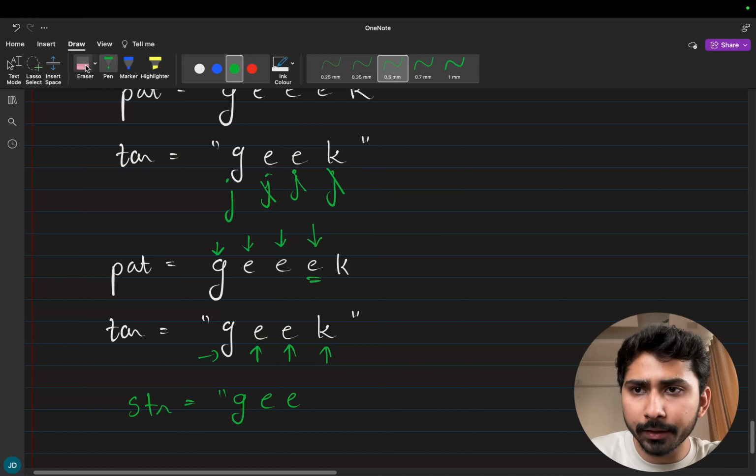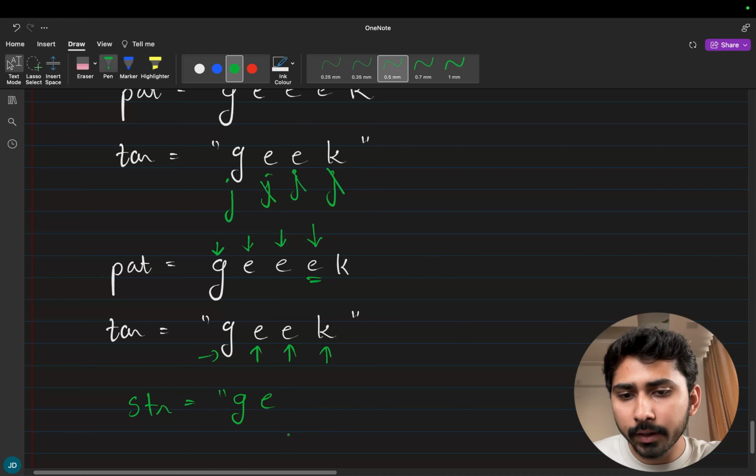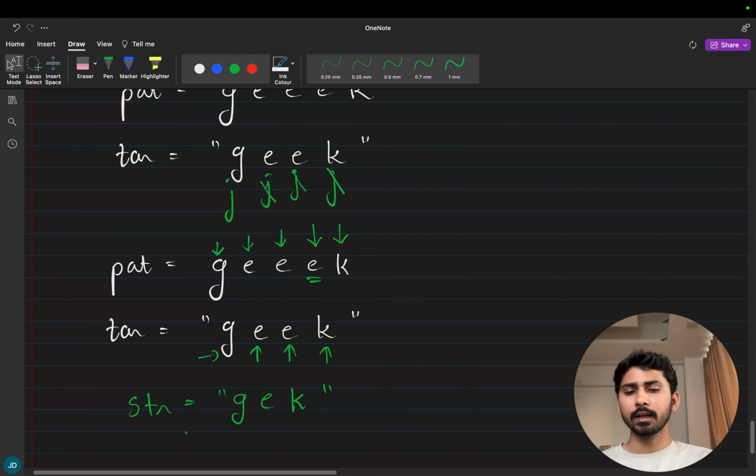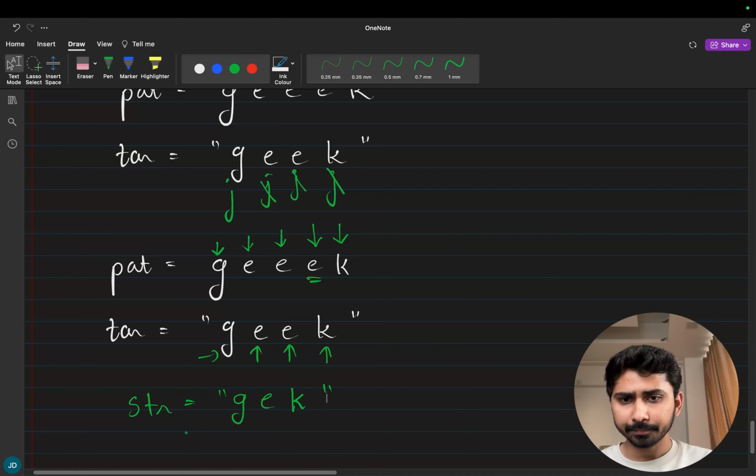Operations are strictly to be applied on all the characters, so the delete operation will delete this A. Now str will have only E, and if we move forward, now we have K, so I'll use this K and append it to str. Now you can observe that GEK has been generated, which is not similar to tar.